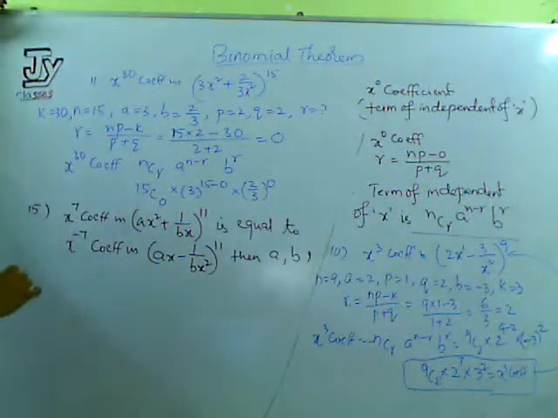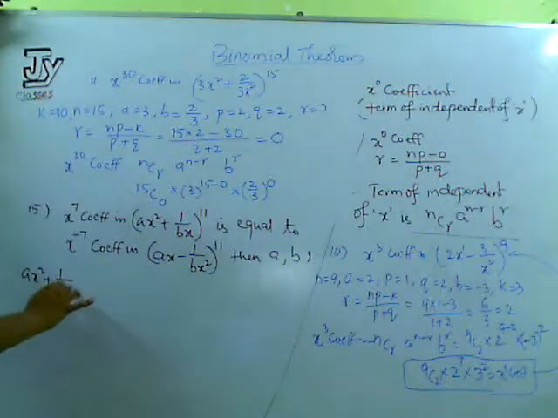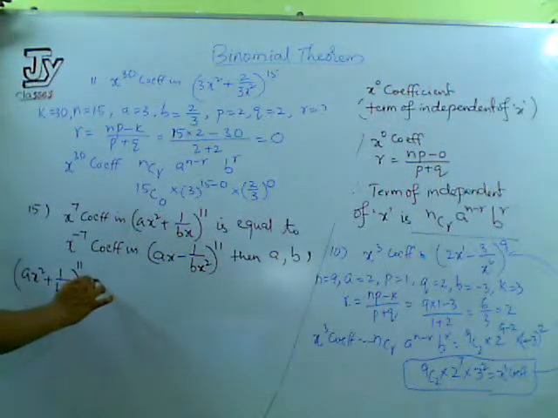x power 7 coefficient in (ax square plus 1 by bx) whole to the power of 11.